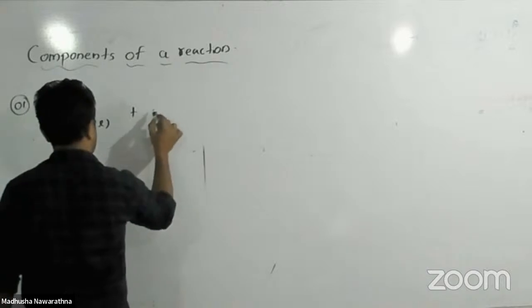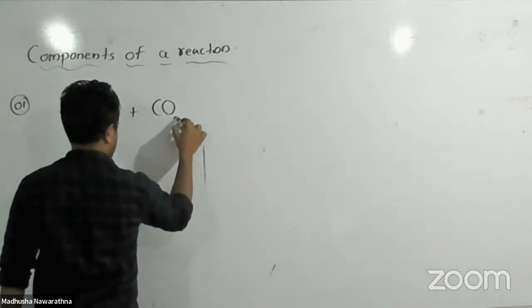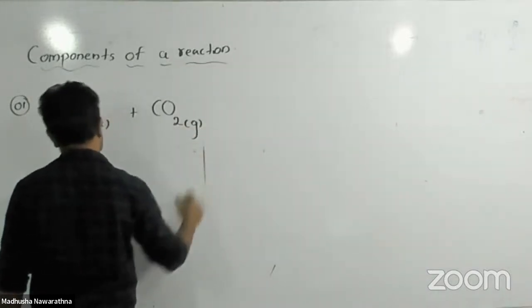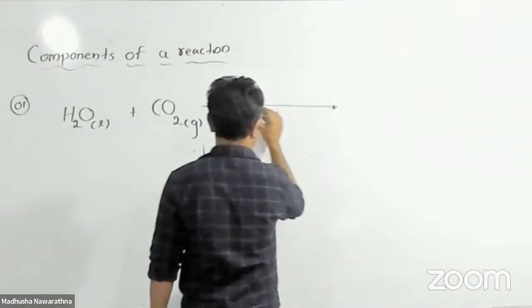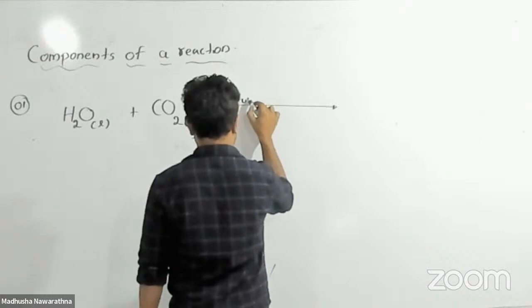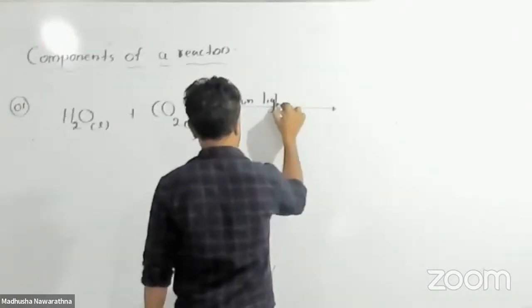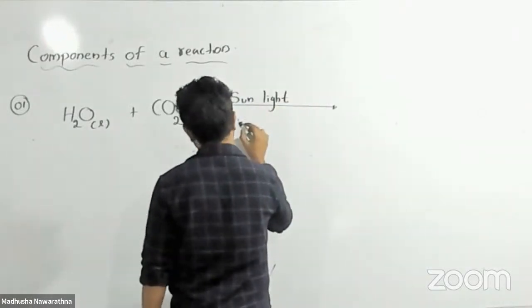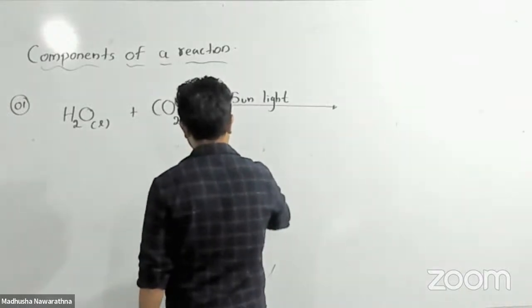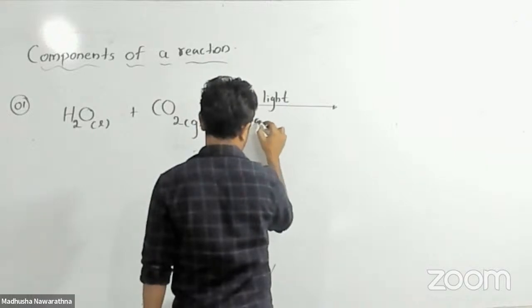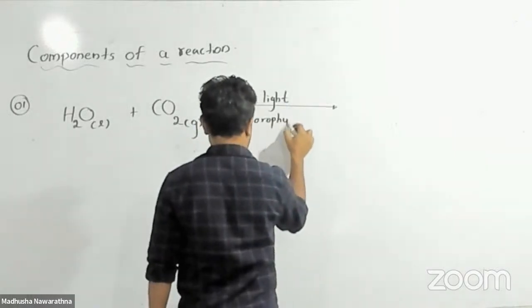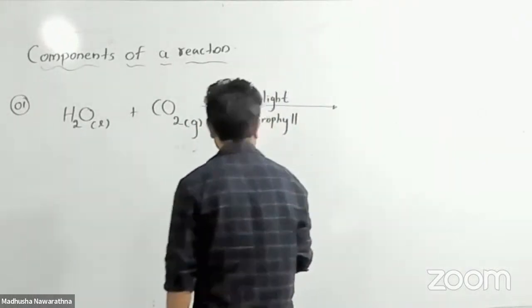H2O plus carbon dioxide. Sunlight here and chlorophyll here.